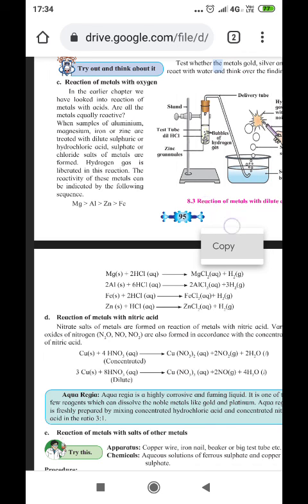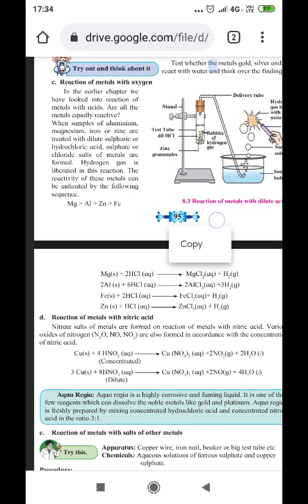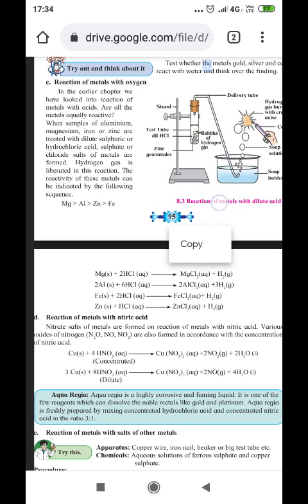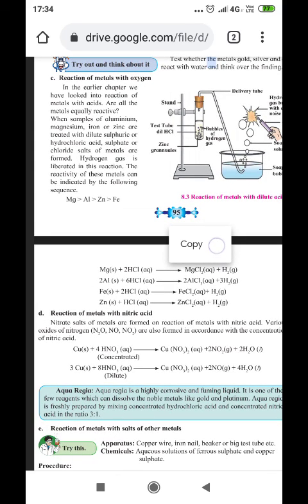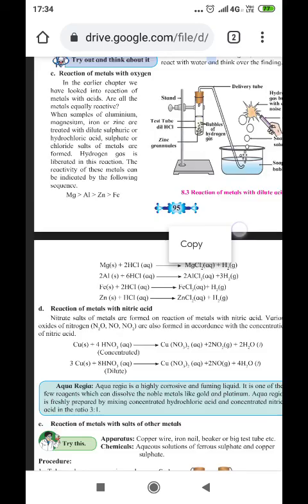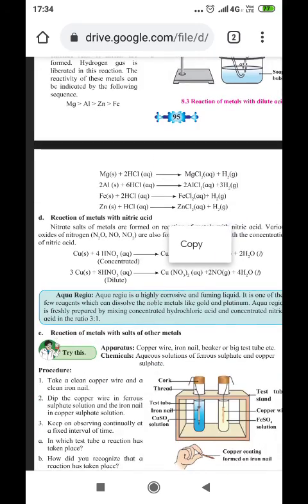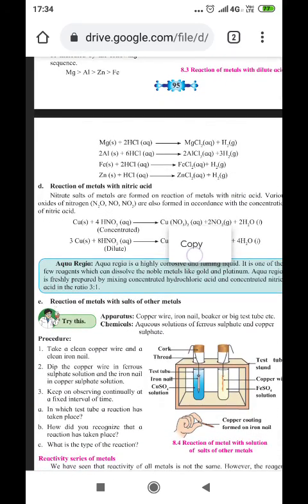The reactivity of these metals can be indicated by the following. Here you can see the most reactive metal is magnesium, then aluminium, then zinc, and then iron. Depending on that, you can see the chemical reactions here.